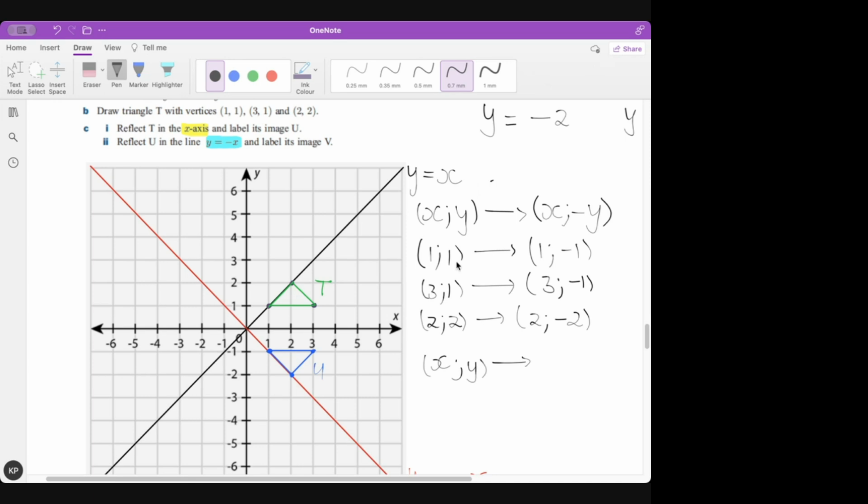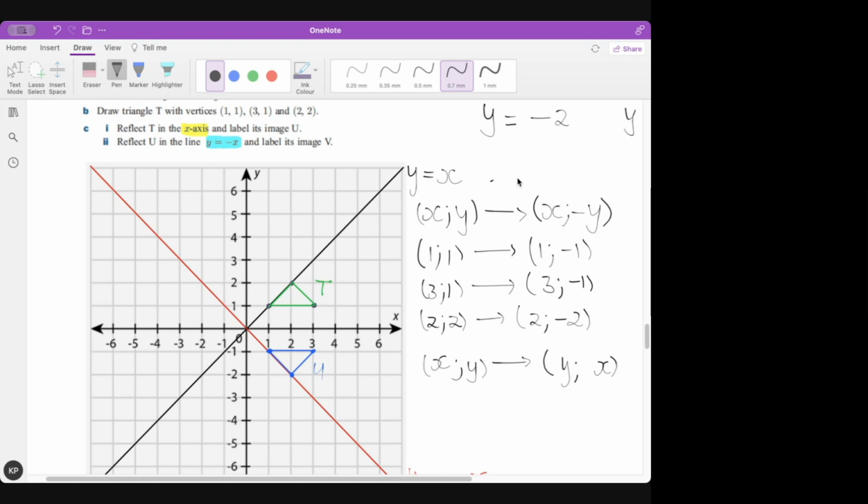Okay, so it is a combination of rules that we have already spoken about. So what did we say when you were reflecting on y is equal to x? Bohlali has the first part of this, right? So first we're going to swap the coordinates. It's going to be y, x.